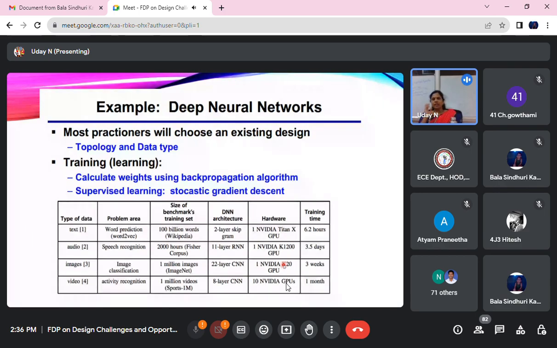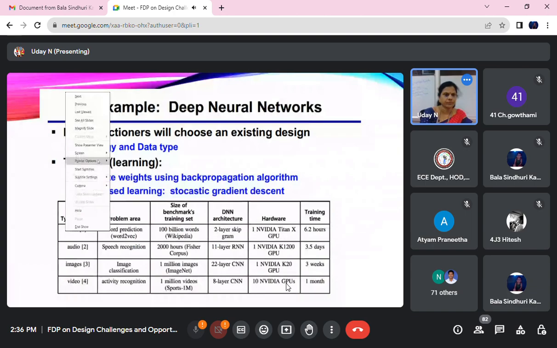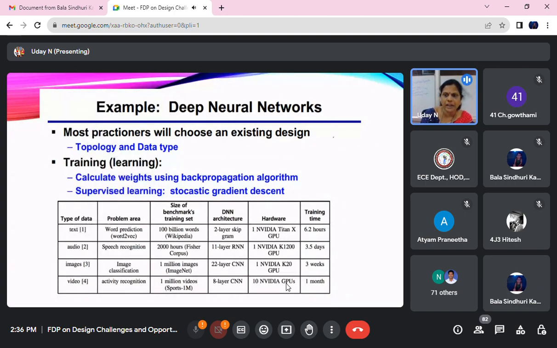Generally, the type of learning that happens with this kind of neural network follows stochastic gradient descent. I'm not going into the technical details of stochastic gradient descent because I don't know how much time I have. Anyhow, I'll just tell. In stochastic gradient descent, you have an expected output and you have an actual output. Initially, the error will be maximum.